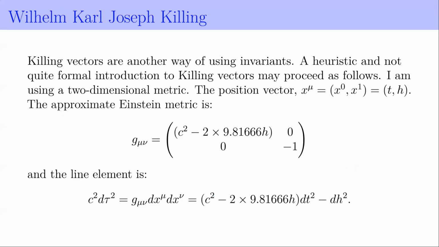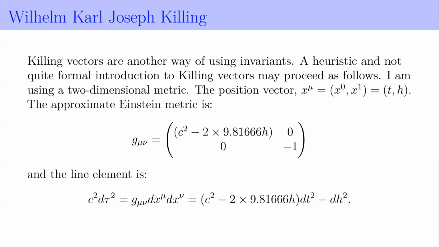So Killing vectors are another way of using invariants. We keep coming back to this, and you should always be thinking, how can I use an invariant? I'm not going to give a formal introduction to Killing vectors, but you can consider using the two-dimensional metric we've been talking about.